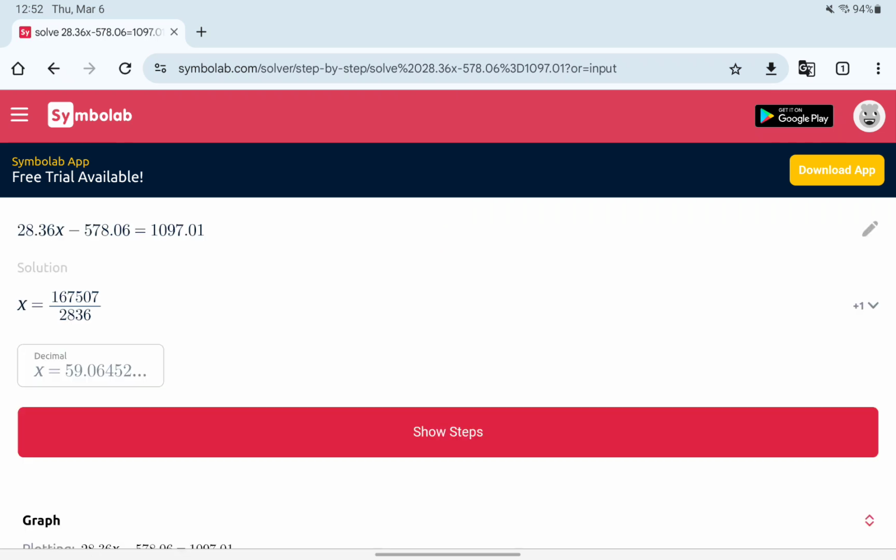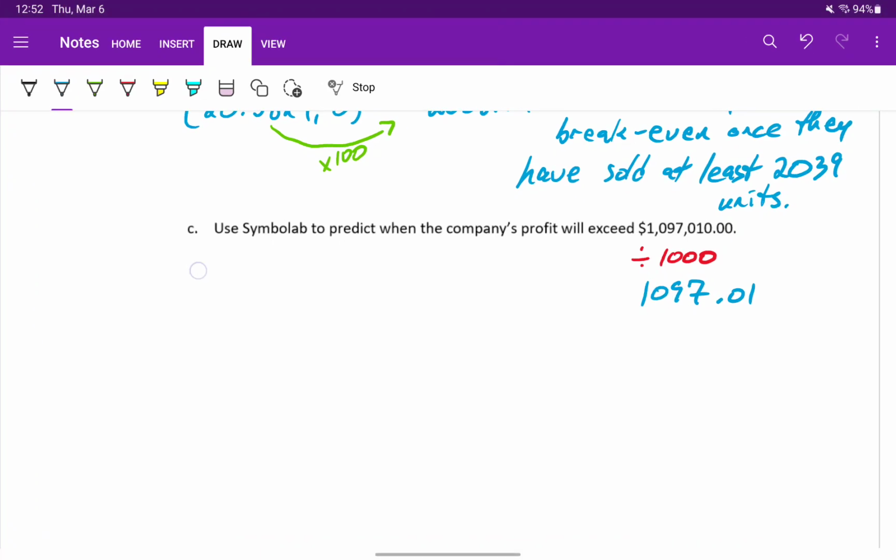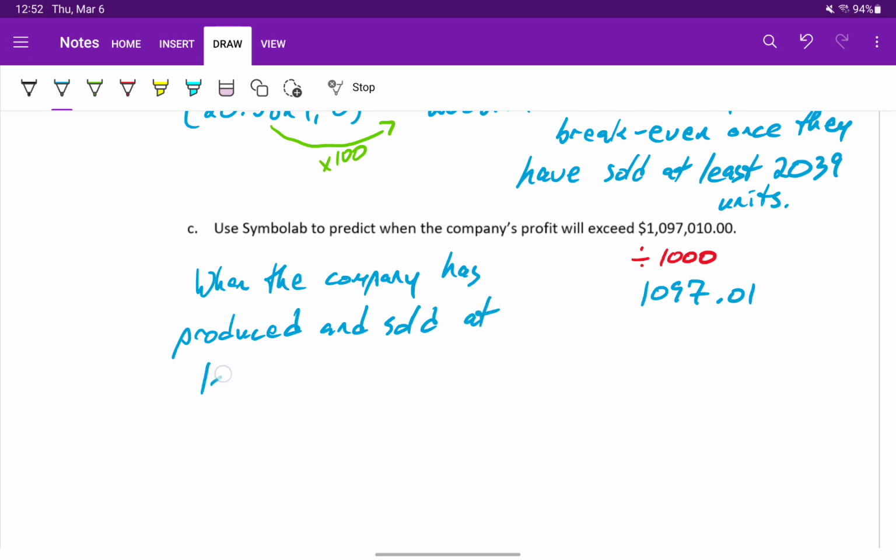And solving, we get 59.0645 approximately. So we can say that when the company has produced and sold at least 5,907 units, because we take that output and multiply it by 100, since X is in hundreds, and we round up because we need to make sure we hit or exceed that goal.